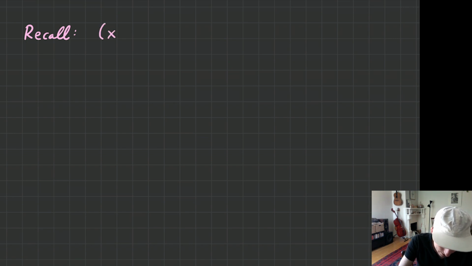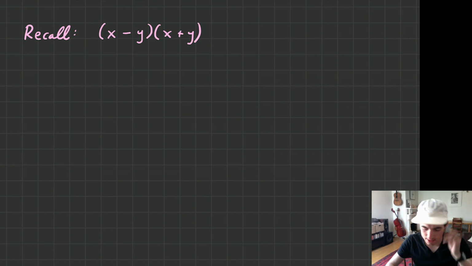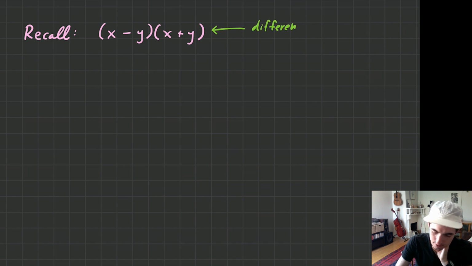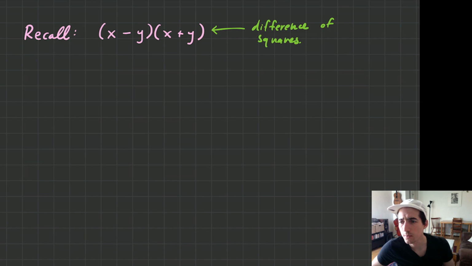If I have (x minus y) times (x plus y), this has a special term that we use. We call this a difference of squares. Difference of squares. Okay, and we've seen this before.